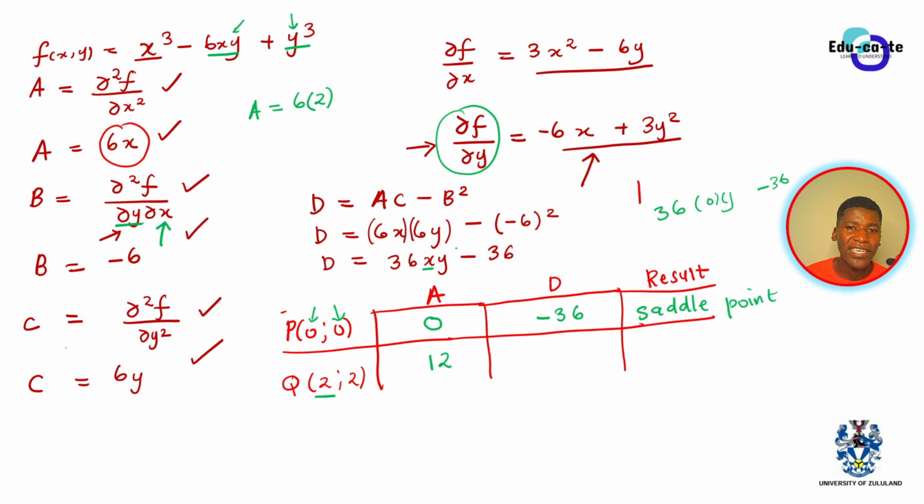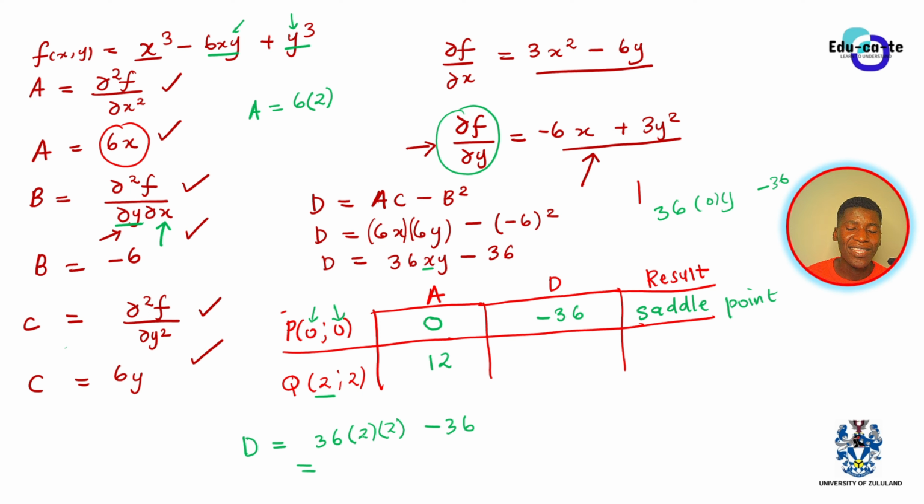And the discriminant also depends on the x and y values. So the discriminant at point Q will be 36 multiplied by x is 2 and y is also 2, and then minus 36. So basically this is going to be 36 multiplied by 4.